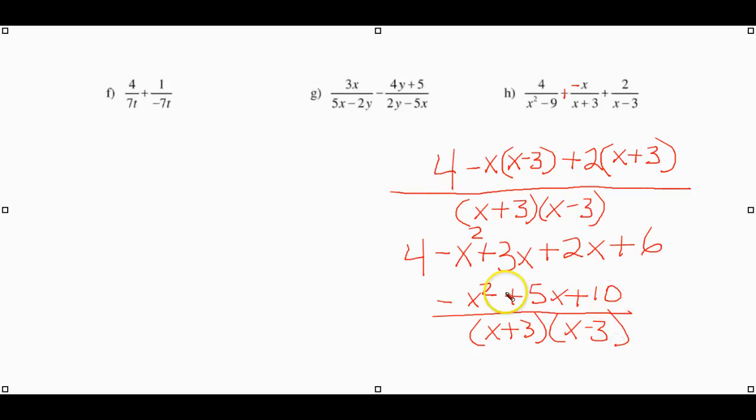Now, theoretically, you could have foiled this, but MATLAB tends to want you to leave it in its factored form. Okay, well, again, lots of technique here where you have to do things carefully, orderly, neatly, and double check your work.